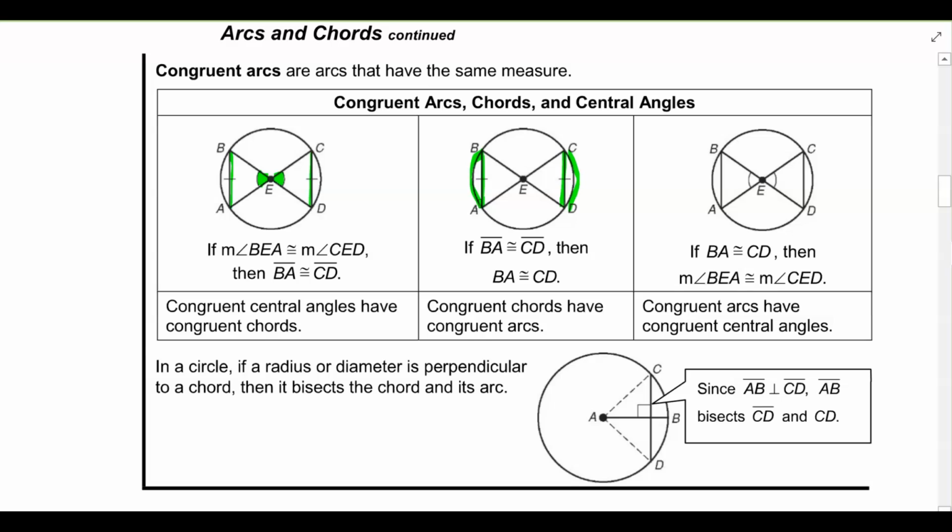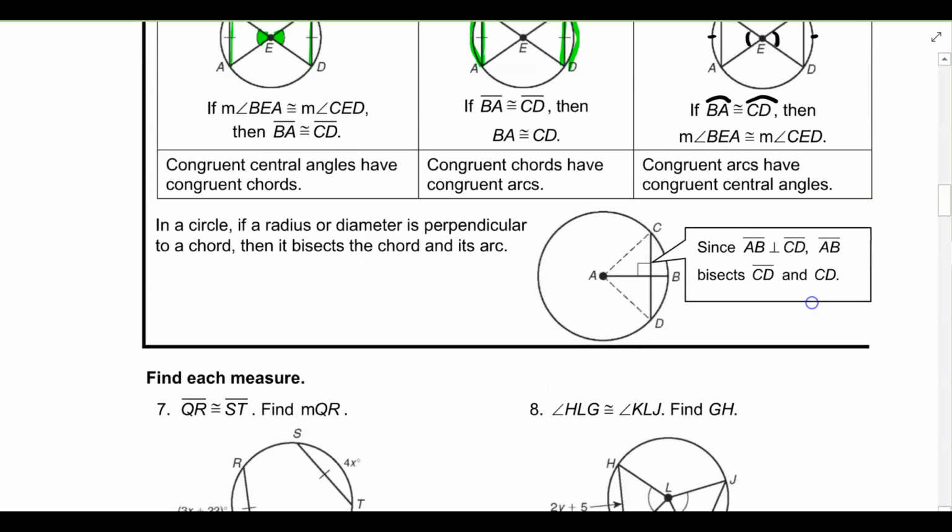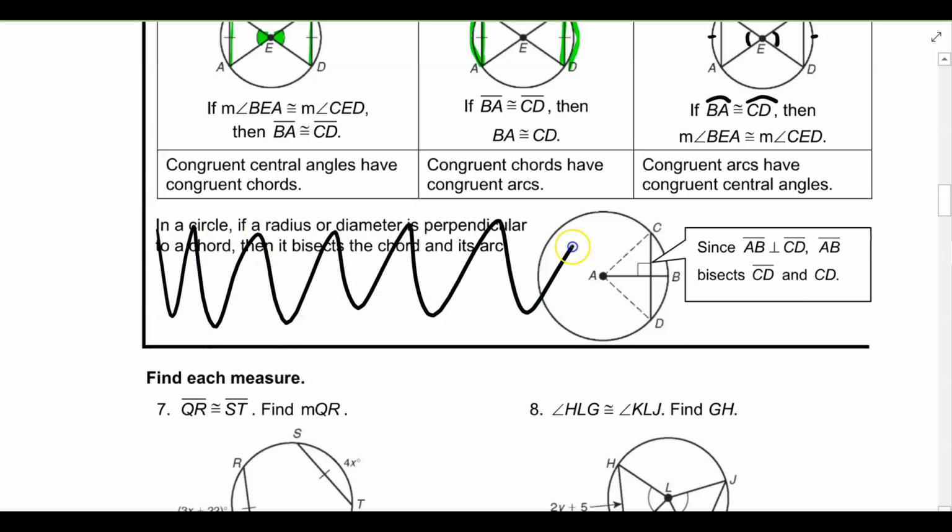And then, in a sense, the reverse is true. If arc BA is congruent to arc CD, then that means these angles are congruent. So everything kind of goes together. All the pieces lead into one another. This part down here, I'm allowing you to eliminate so you can ignore that.